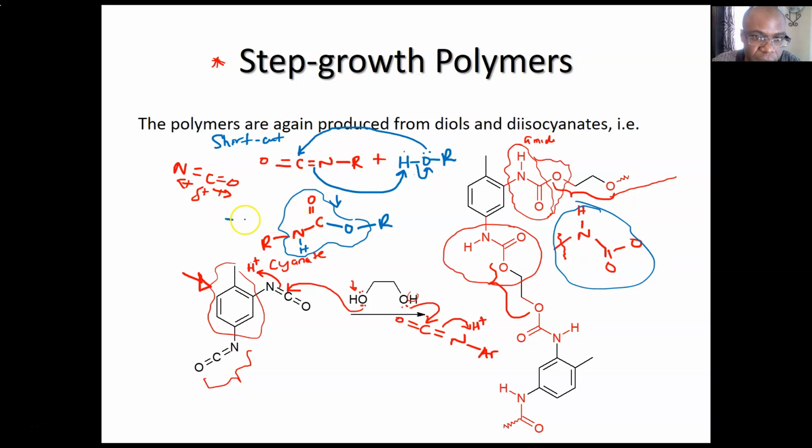This type of functional group is called a carbamate. So polymers that are made in this way, using this method, are called polycarbamates.